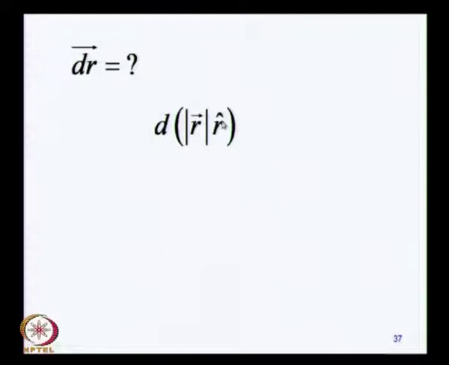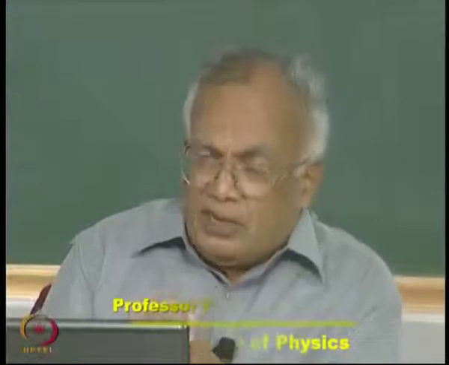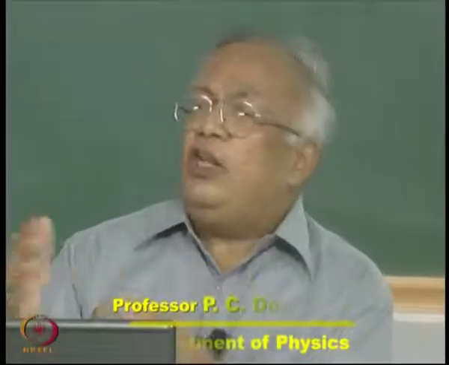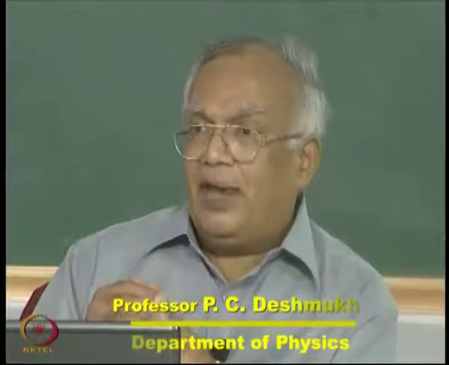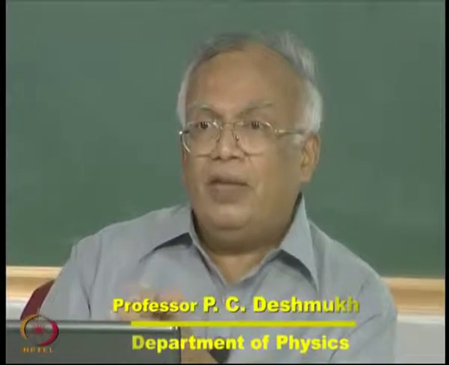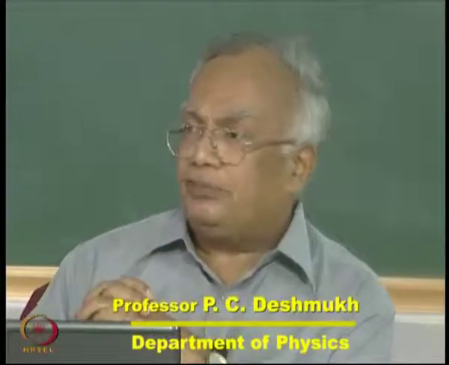So, whenever you consider the change in a quantity which is made up of a product of quantities, you must consider the differential increments in each one of them, keeping the other constant, and then sum them up, right.